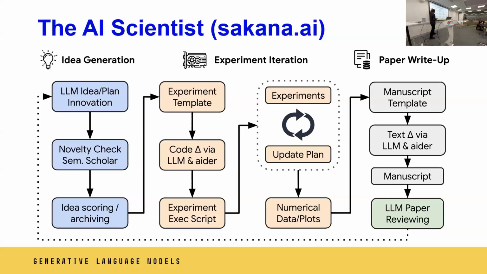So it can generate the idea, so basically hallucinate something, but then check the novelty using Semantic Scholar or other databases of scientific literature. Then it can design the experiment that would either prove or disprove some hypothesis, especially in a field where you can experiment just by running some software, like computer science.